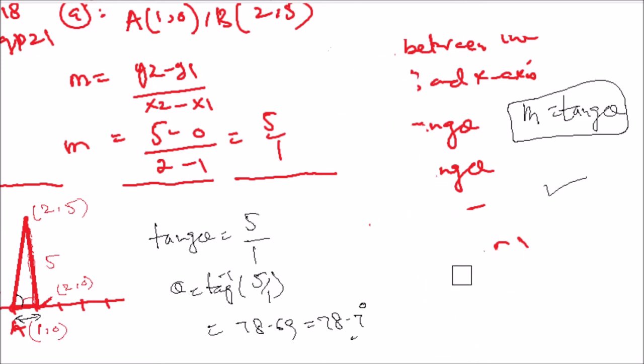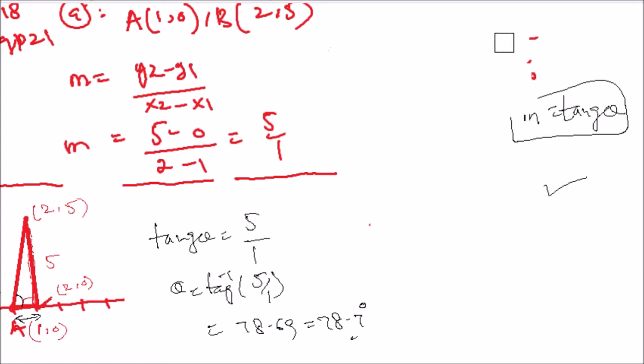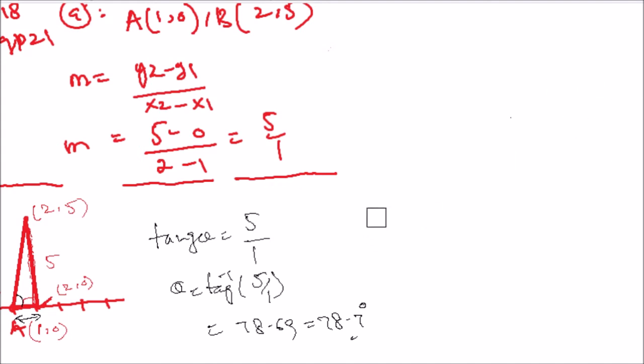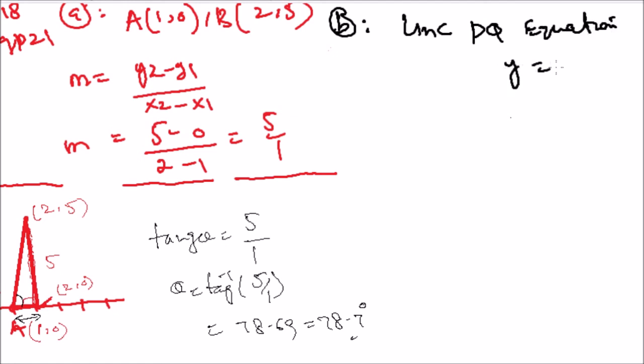Next part of the same question, Part B. They say the line PQ has equation y is equal to 3x minus 8.